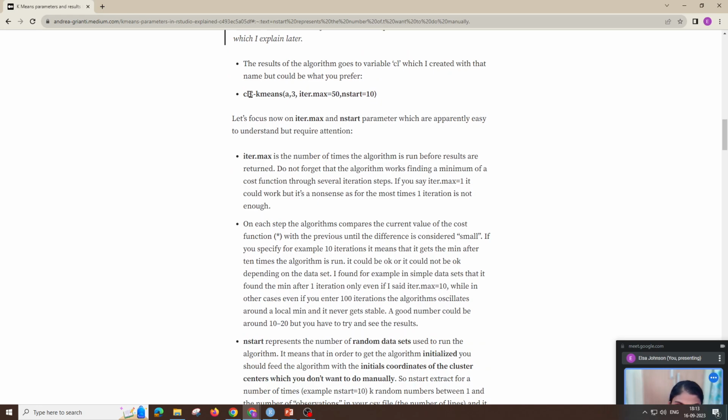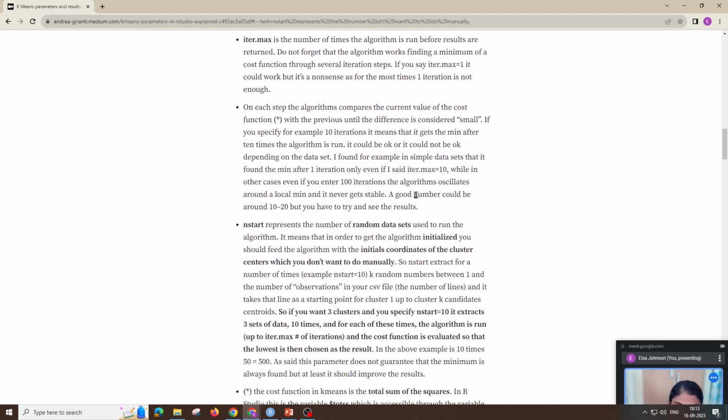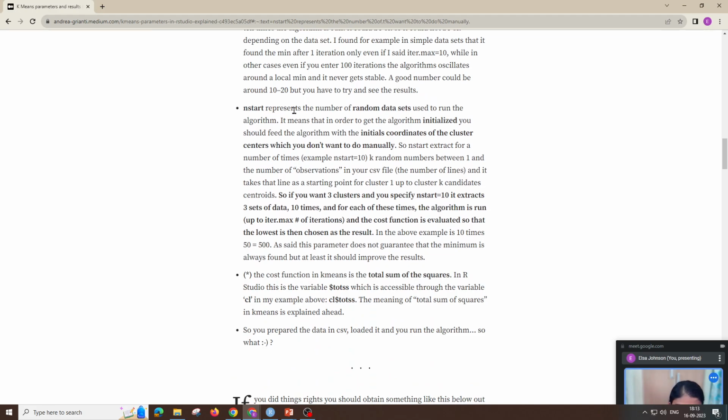These are the arguments present in that function. iter.max is the maximum number of times the algorithm is run. Usually you won't give any value for this one. Then nstart represents the number of random data sets used to run the algorithm.